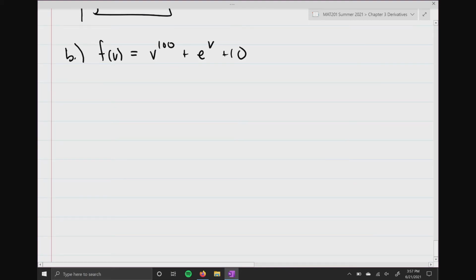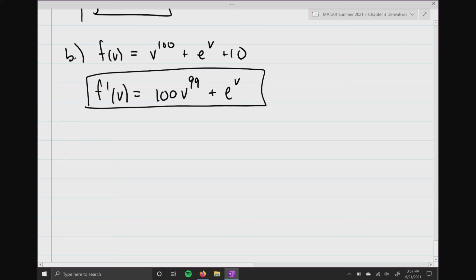So for our derivative here, we're going to apply the power rule. That gives me 100 v to the 99, plus the second part, we need to apply the exponent rule. So e to the v, its derivative is e to the v. And then lastly, the 10, that is the constant rule. So that's going to be plus 0, or you don't even have to write that down.